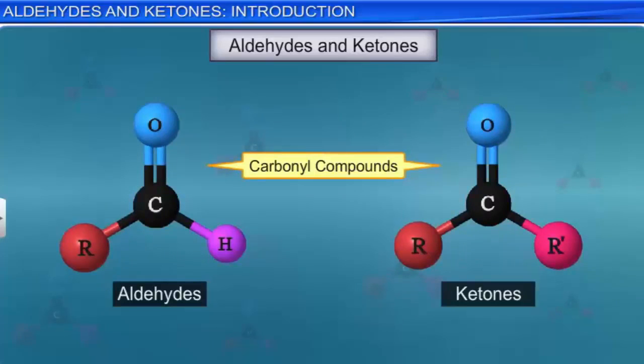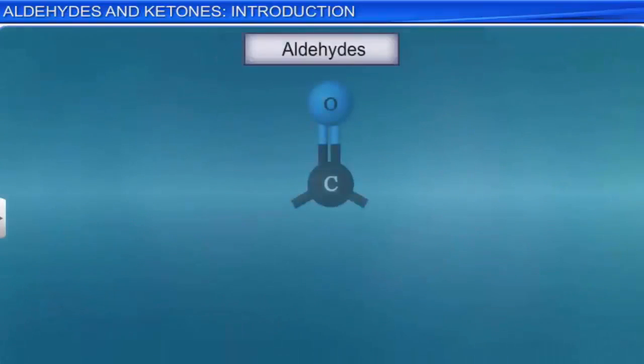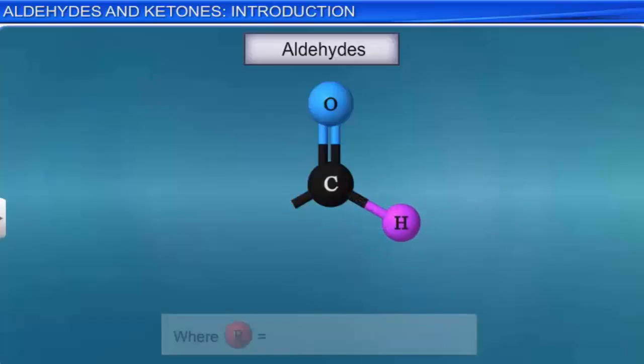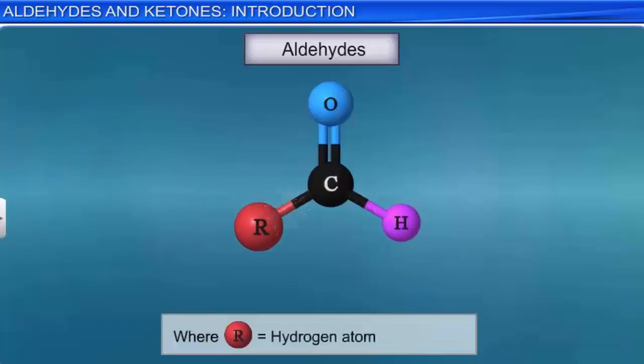However, aldehydes and ketones differ in the nature of the groups that are attached to the carbonyl group. In aldehydes, one of the two available valencies of the carbonyl group carbon is satisfied by an H atom, and the other by a hydrogen atom, an alkyl group or an aryl group.